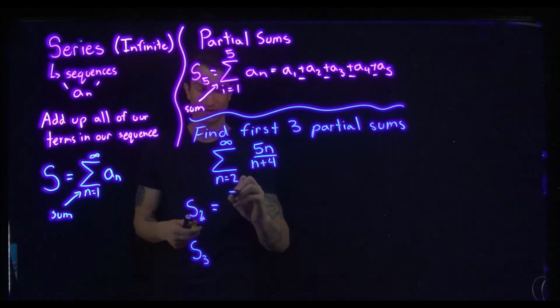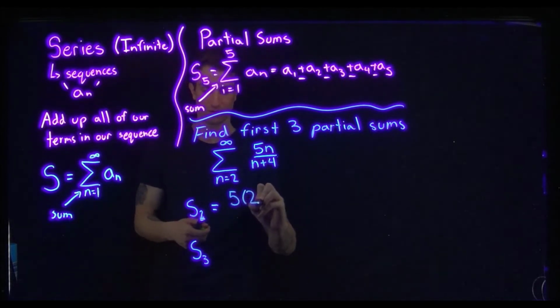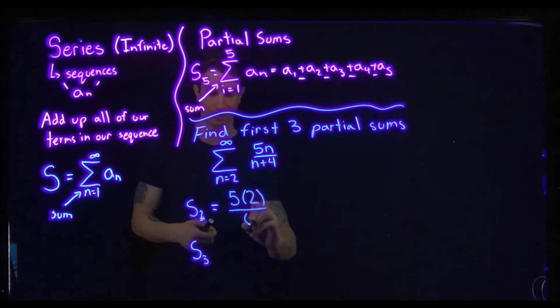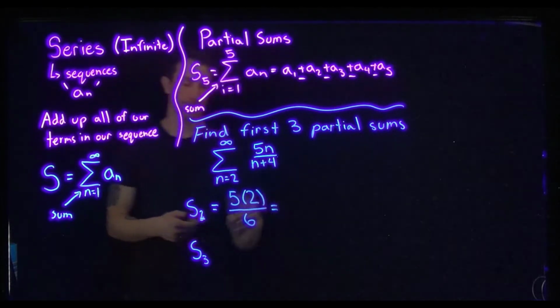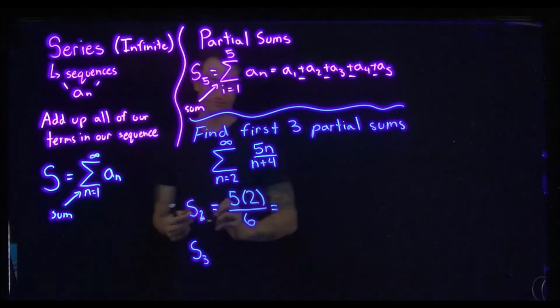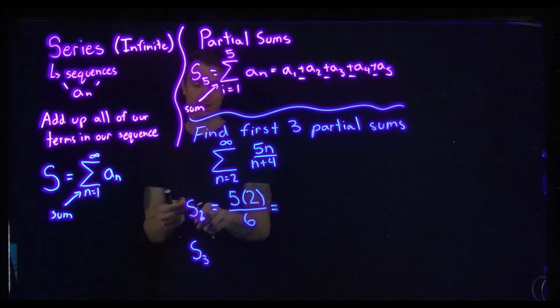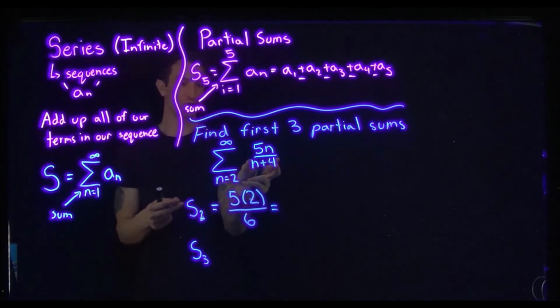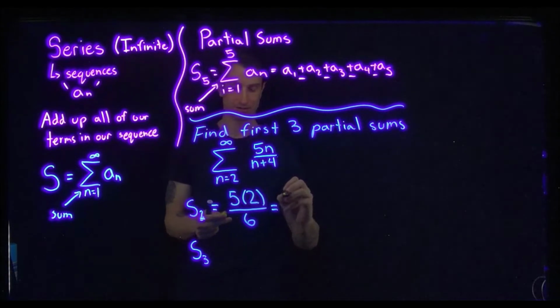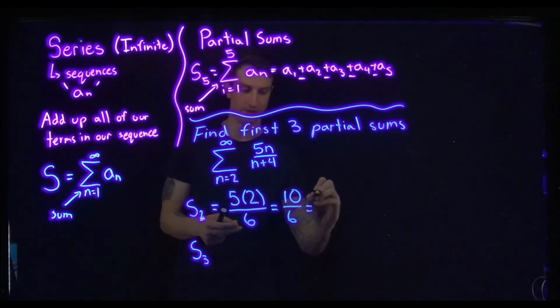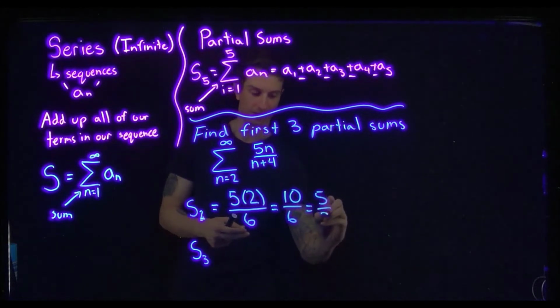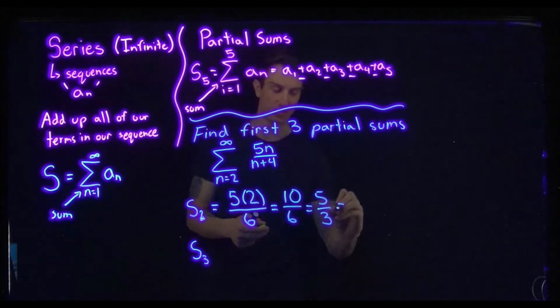All right, so this is going to be 5 times 2, and we'll shortcut this part, over 2 plus 4, going to be 6, right? So when we plug in just our first value, let's put 10 over 6, which is 5 over 3. So this is really just equal to a sub 2.